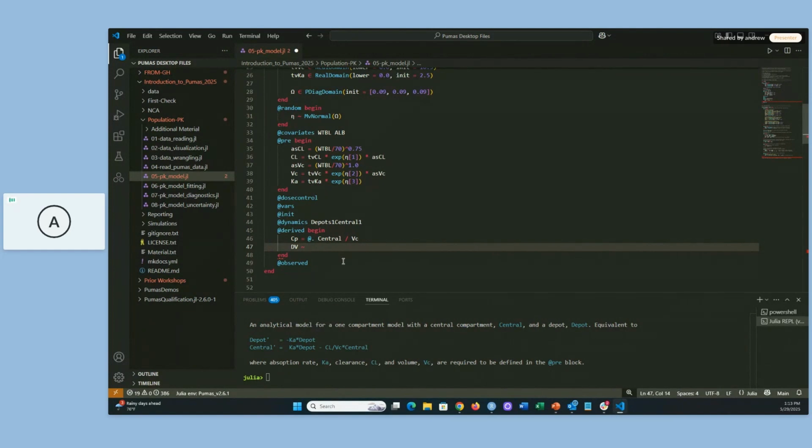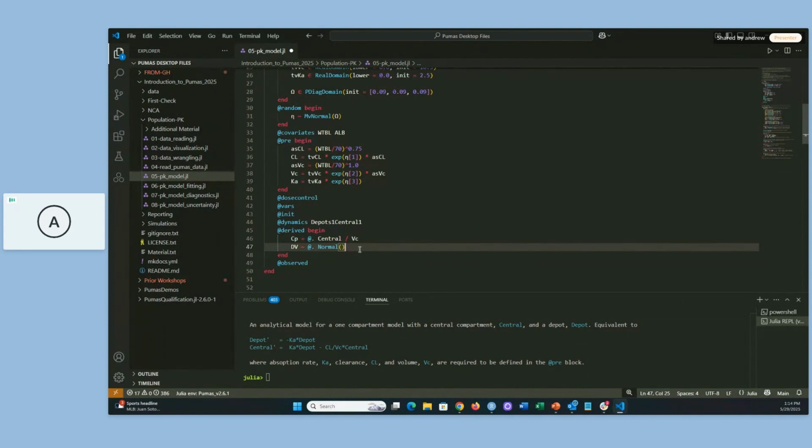Ultimately, that is going to assume some form of distribution. So we're going to want to use our tilde, and we can define whatever distribution we want, whether it's log normal or just a regular normal distribution. Realize, one of the benefits of Pumas versus the non-mem world is that there everything is assumed to fall within a normal distribution, and we know that is not the real world case.